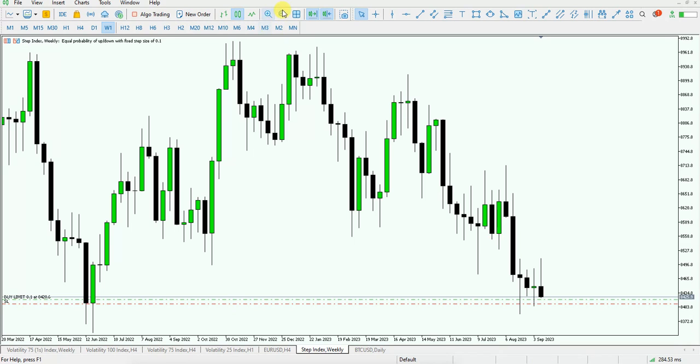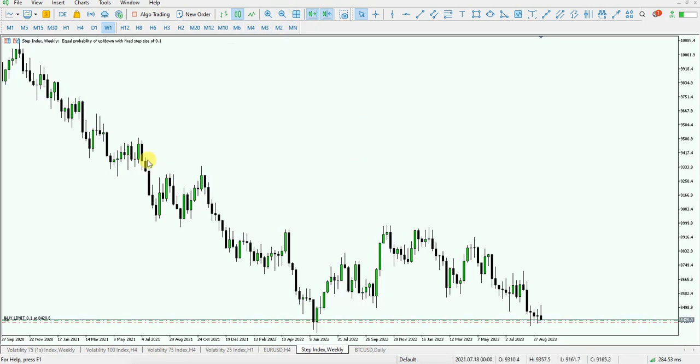Now when you have a market setting such as this, where on the monthly we were in a bearish movement, and then on the weekly, this is what we have on the chart. So let me quickly put some annotations on the chart for you to see.